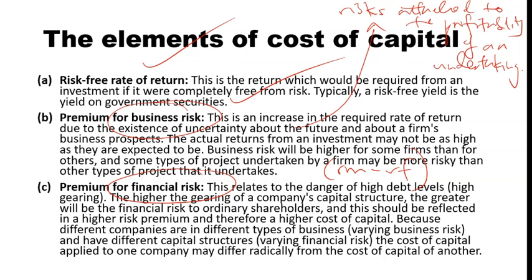The higher the gearing of the company's capital structure, the greater will be the financial risk to ordinary shareholders, as this company would be committed to pay high interest payments, which would curtail its profitability by the end of the day.